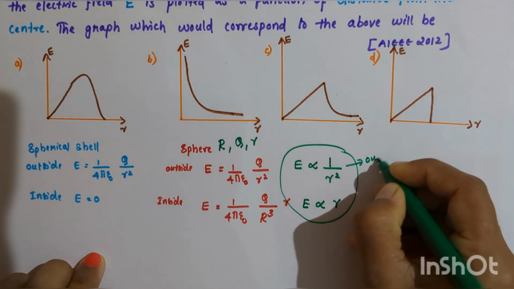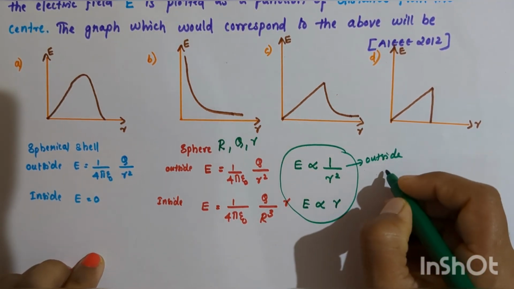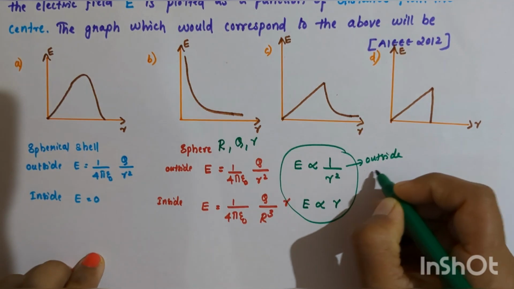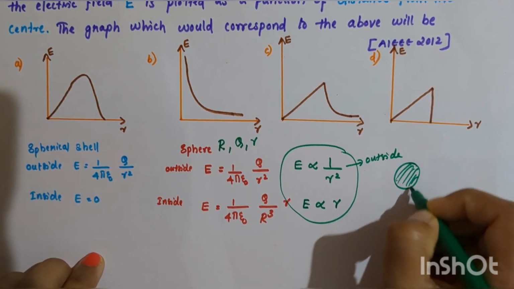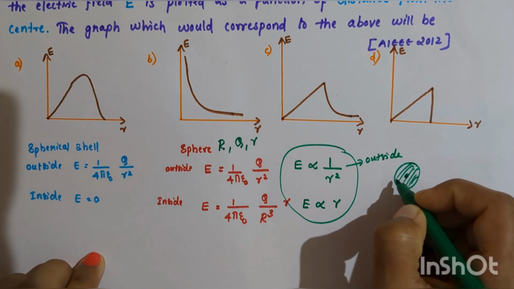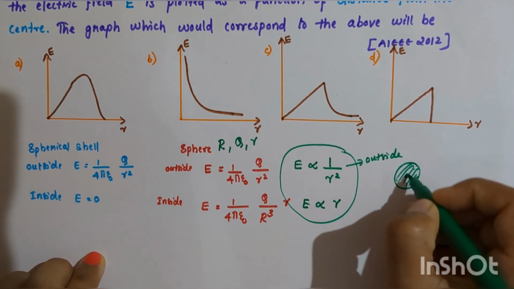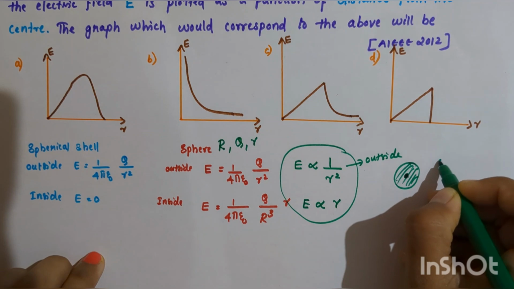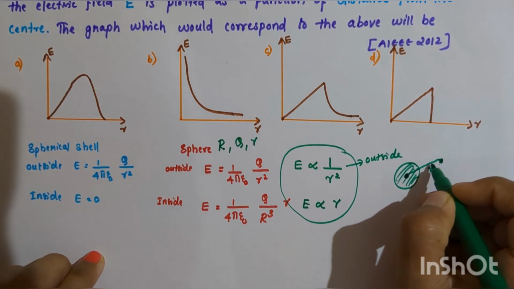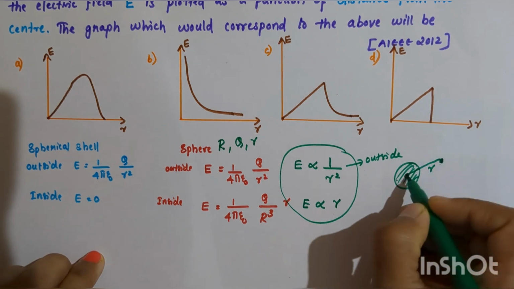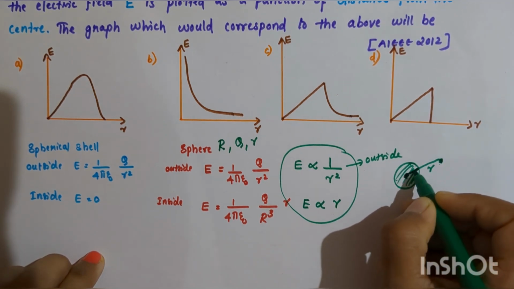That is, outside the sphere. Outside the sphere means for distance which is greater than the radius of the sphere. Suppose this is the sphere, a uniformly charged sphere. This is the center of the sphere. Outside the sphere means a point somewhere here. This distance is small letter r. So outside the sphere means that distance is greater than the radius.